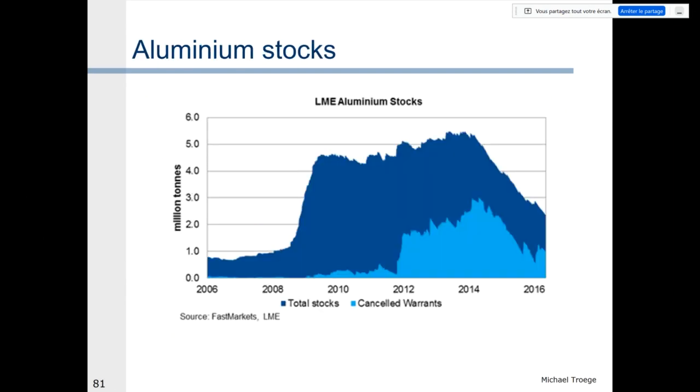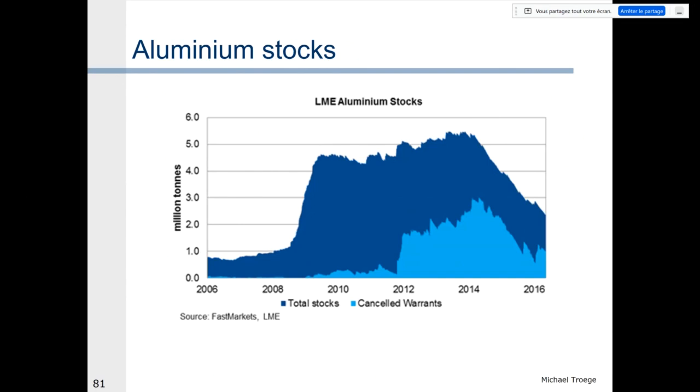Okay, so the problem was actually indeed related to an overproduction of aluminium. So here you have the total stock of aluminium at the London Metal Exchange, so in the different warehouses that belong to the London Metal Exchange, and you can see that you had a massive overproduction of aluminium. Okay, partially apparently linked to Chinese aluminium production, which was subsidized by very cheap coal energy.